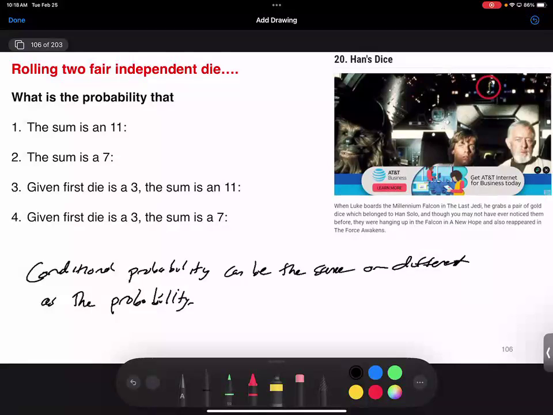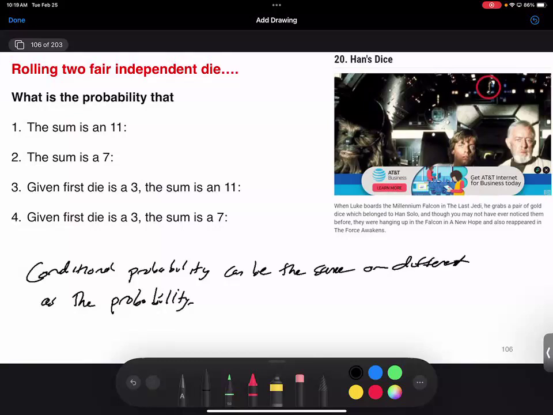What is the probability, if I roll 2 die independently, that I get an 11? So how many outcomes can I have if I roll 2 die? 36. So if you want, you can assume first die, second die, left die, right die, blue die, red die. So there are 36 outcomes.